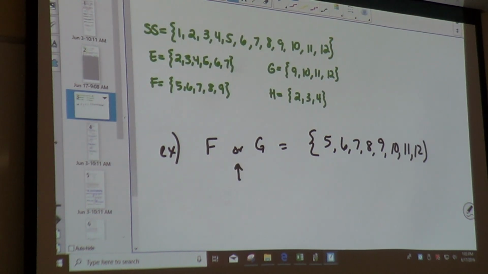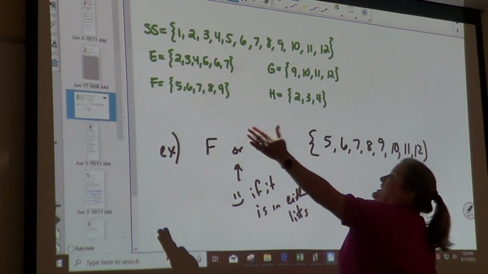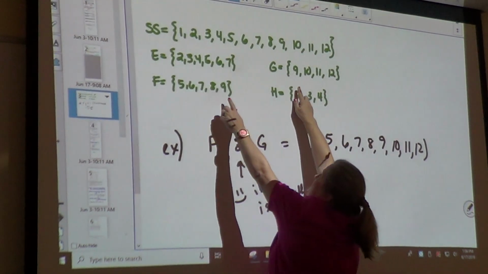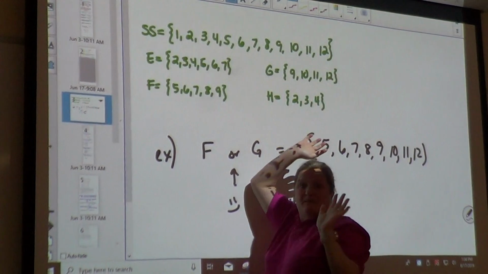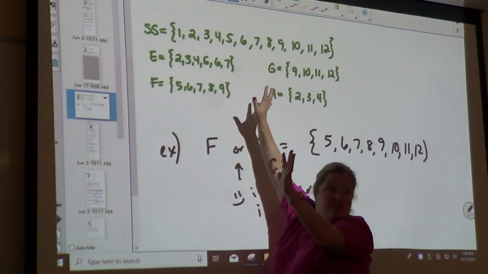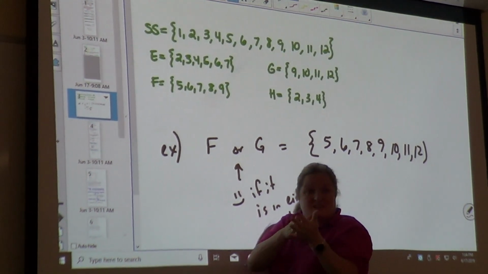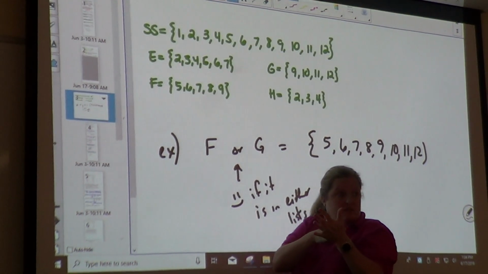Because or means I'm happy if it is in either of my child's list. I'm not as picky. I'm happy if he's tall. I'm happy if he's short. I'm happy if he's rich. I'm happy if he's poor. So if it's in his list, I'm happy. If it's in her list, I'm happy. I don't need to list it twice. It's just in their list, I'm happy. So if it's in either list, I put it if it's an or. If it's an and, it has to be in both lists. You with me?